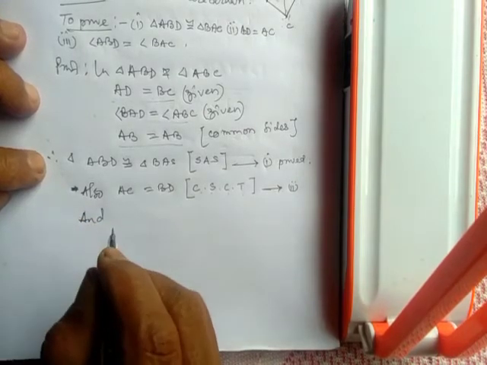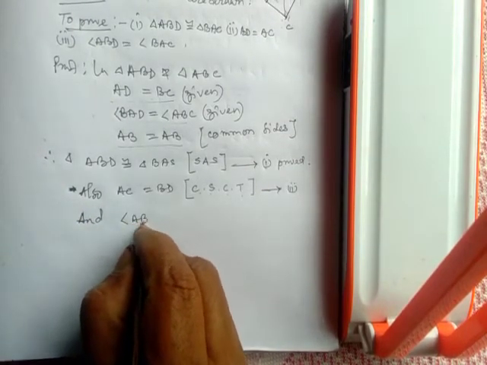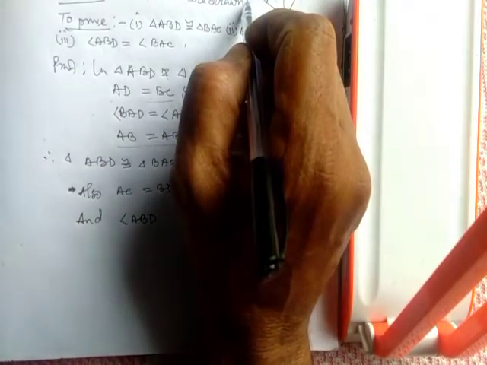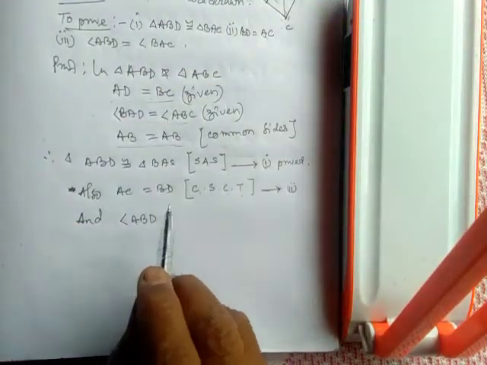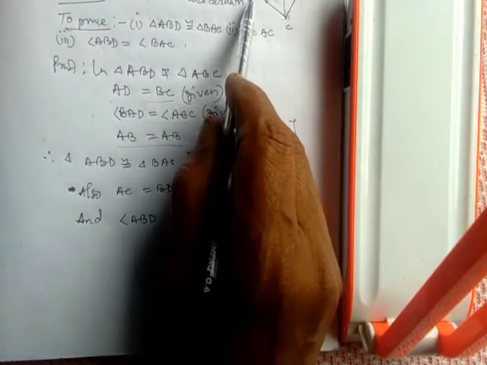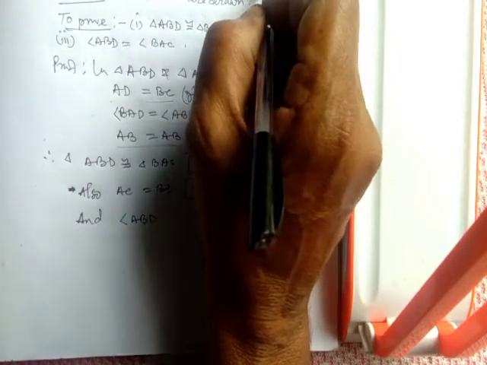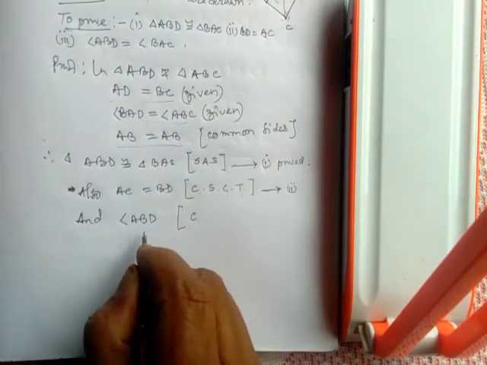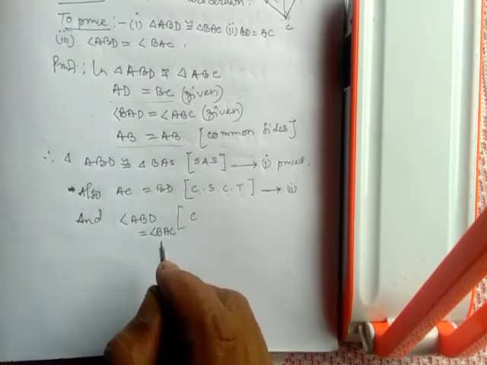And angle ABD is equal to angle BAC. They are corresponding angles of congruent triangles.